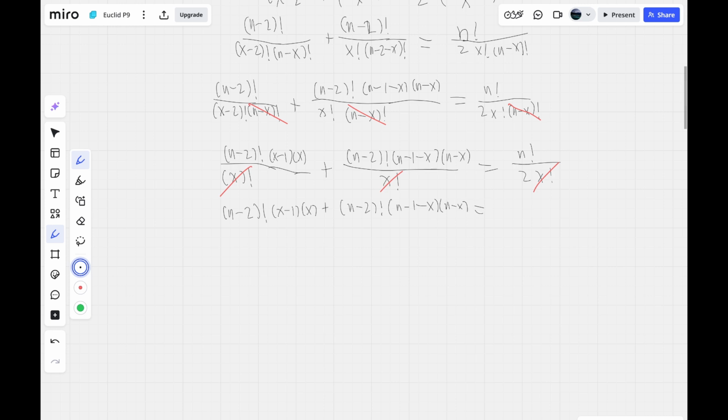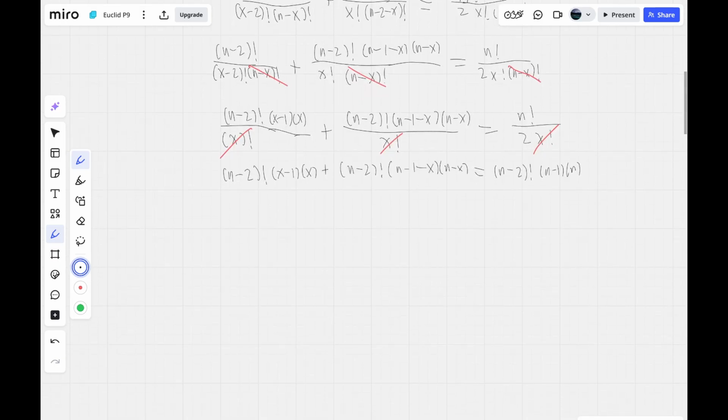It's equal to, we want to make it a product of n minus 2 factorial and other things. So that's just n minus 2 factorial times n minus 1 times n, as n minus 1 and n are the two numbers after n minus 2. Right? So now we have n minus 2 factorial on all three of them, so we can cancel that. Now we have canceled a lot of things.